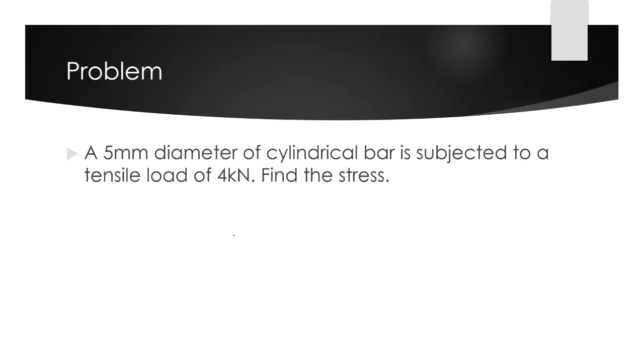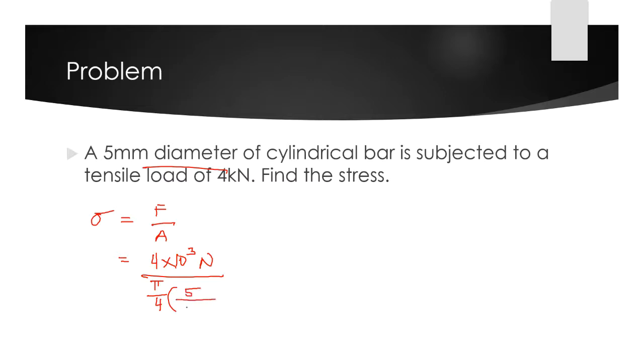So for example, a 5 mm diameter cylindrical bar is subjected to a tensile load of 4 kilonewton. Find the stress. So we have here again, this is still one of the basic examples. We have stress is equal to F over A, where F is 4 times 10 cube Newton over our area, which in diameter is pi over 4 d squared.